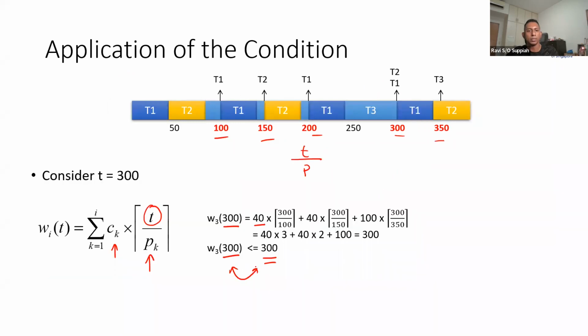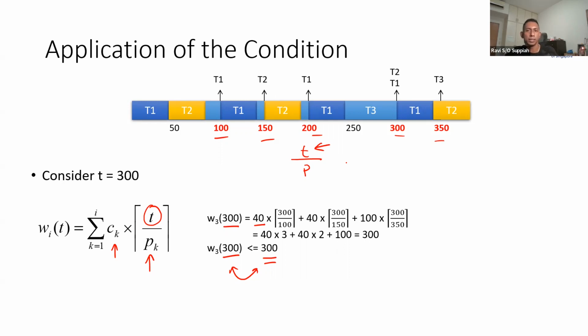The way you do this is very simple: you take the computation time multiplied by the time that you want to check over the period of that particular task, and you look at it for different timing instances, all the periodic timing intervals of all the higher priority tasks. And you will come across one where it is fulfilled, and then you say that yes, you satisfy the condition.